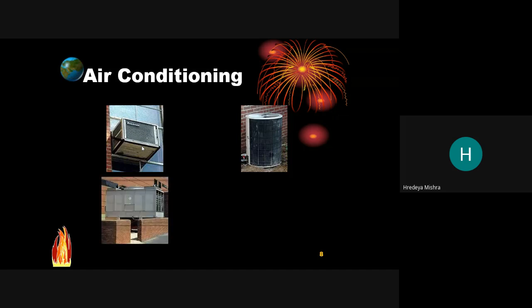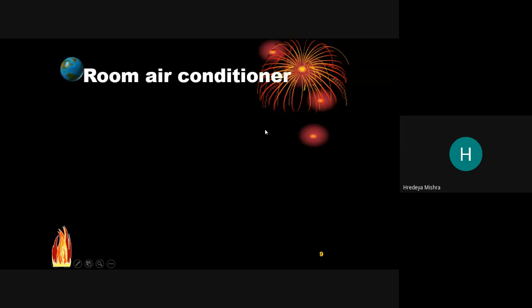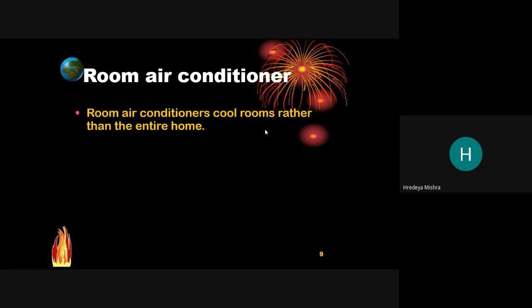Now, see, different types of AC are there. Room air conditioning. Room air conditioning cools rooms rather than the entire home. Okay, so room AC is utilized for cooling a single room.